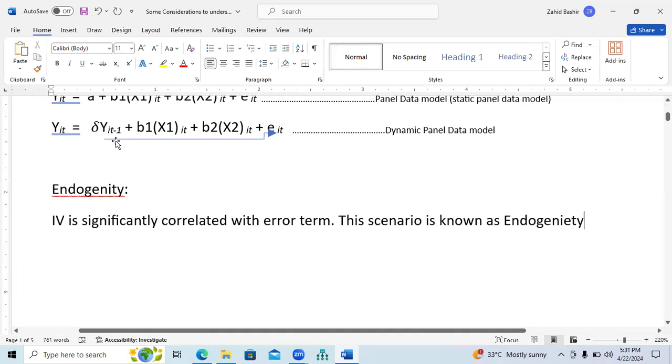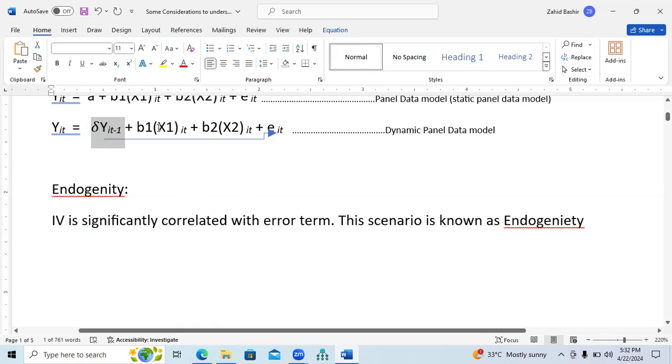So if you see here, your dependent variable has become the independent variable here, but we assume that this independent variable is significantly correlated with the error term. So this condition is known as endogeneity.